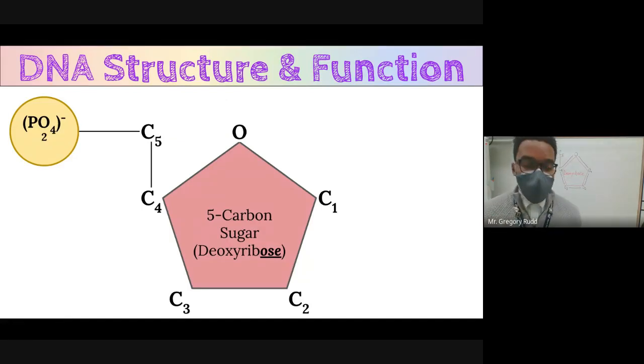There's this phosphate group that is connected to the fifth carbon. Again, the fact that it is the fifth carbon is important because the fifth carbon will always be the one that is connected to the phosphate group.